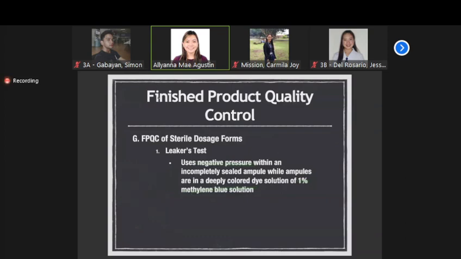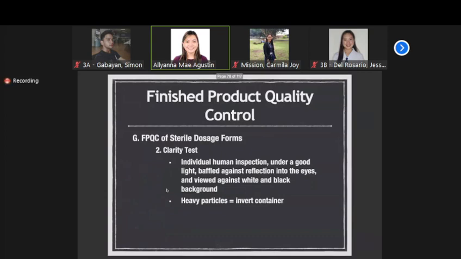Okay. Then we have clarity. So clarity, of course, since ang mga sterile dosage forms are, for example, mga ampule solutions, vials, kailangan i-inject directly IV or whatever parenteral administration. So kailangan they have to be clear, no?